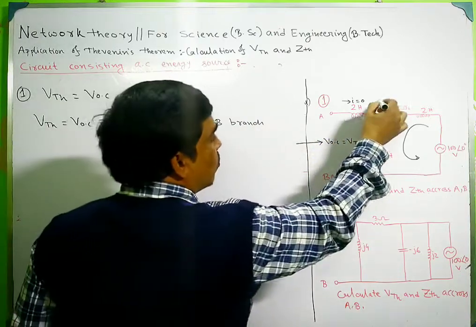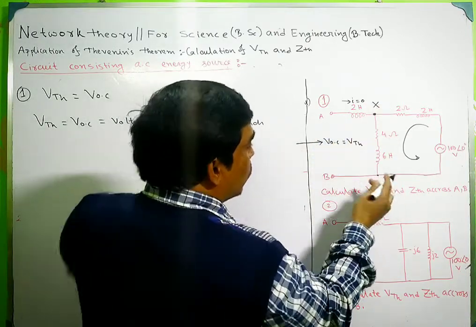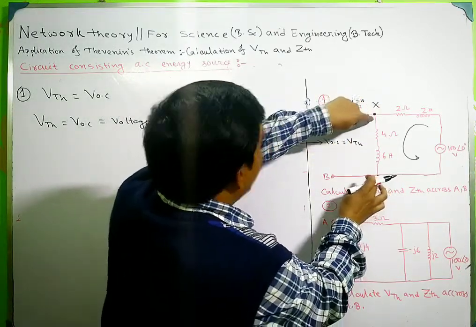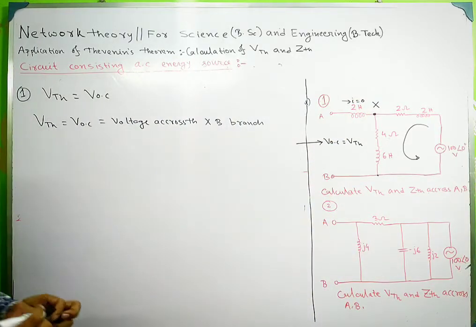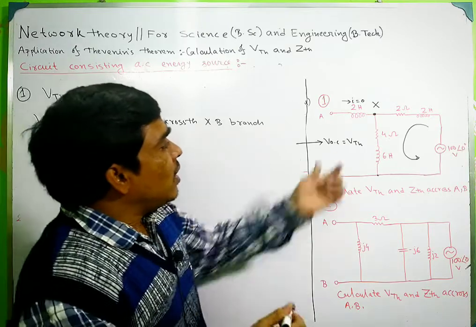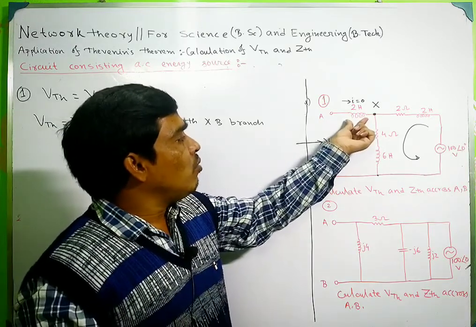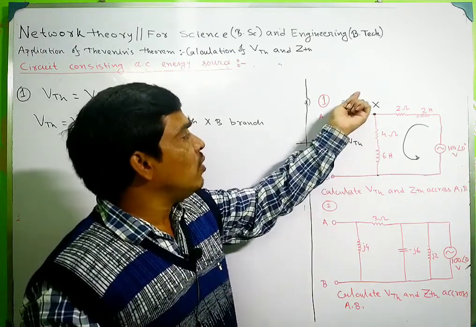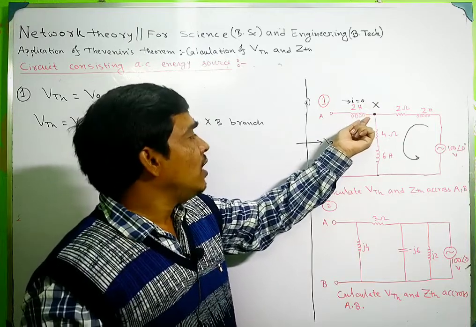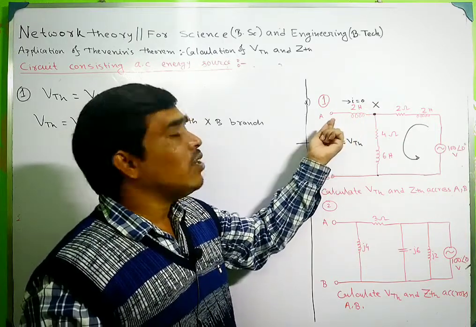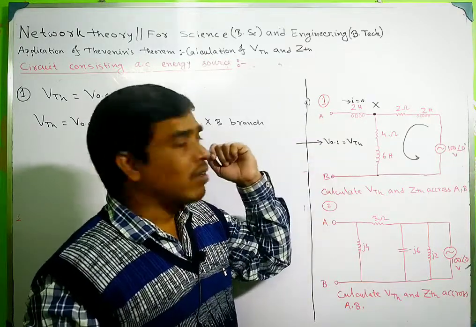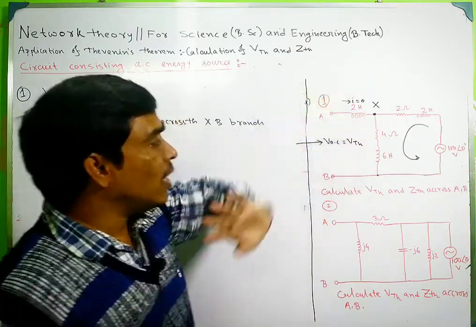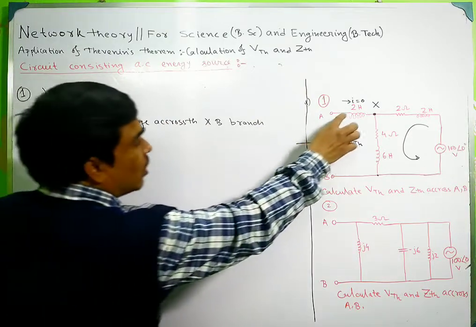Okay, this is node X and this is node B. So the voltage across this branch will be the open circuit voltage or VTH, because the current through this inductor is 0, since this inductor is connected to an open circuited terminal. That's why there is no current flowing through this 2 Henry inductor.